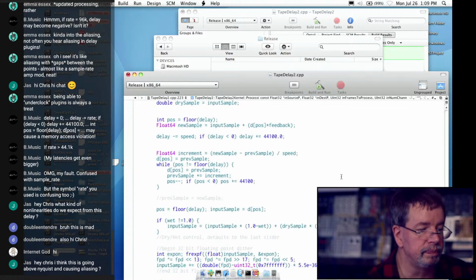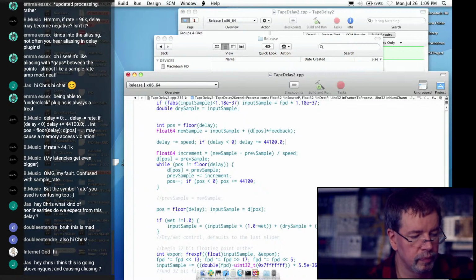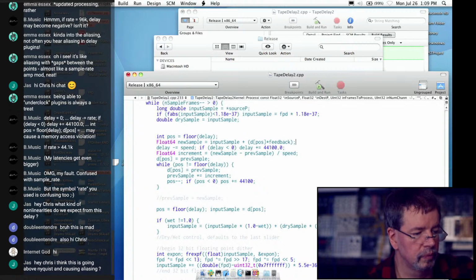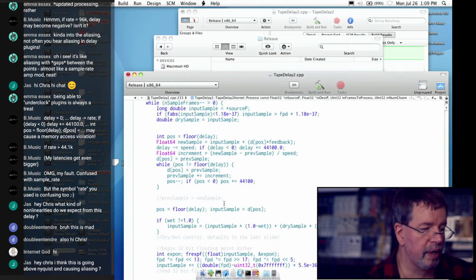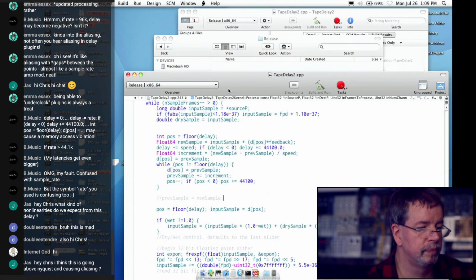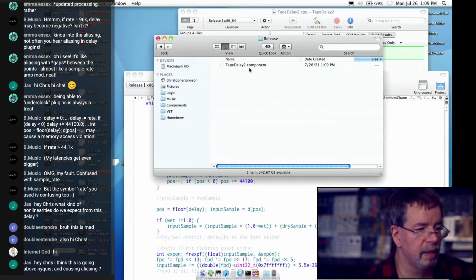Let's find out. What have we got here in our dense little chunk of sound? And do I ever need to have this line of code in here? Let's find out. Maybe not.